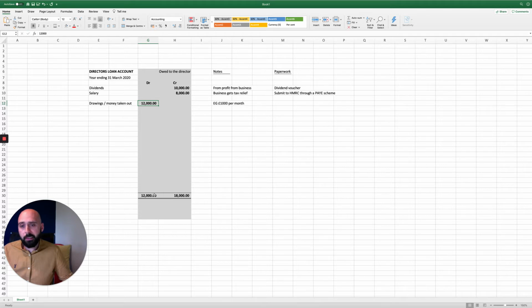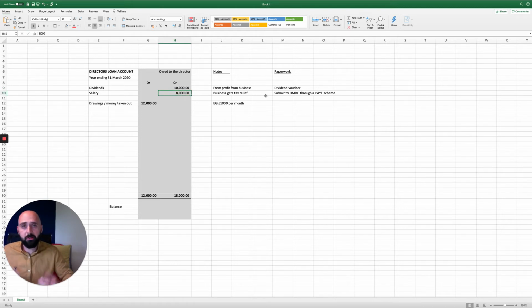So when we get to the end of the year, what we do is we look at both sides of your director's loan account. So we look at what you're owed, what you're entitled to in the business, and we also look at what you've physically taken out of the business. So in this case, you're owed £10,000 for your dividends because you've decided there was enough profit, I'm going to vote a dividend. You've also decided there's £8,000 salary.